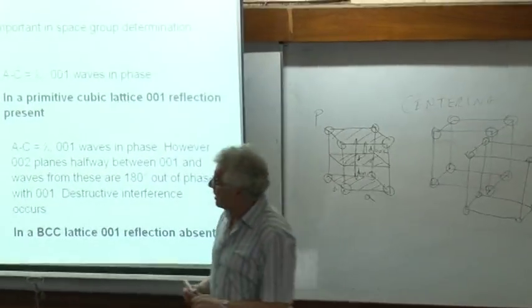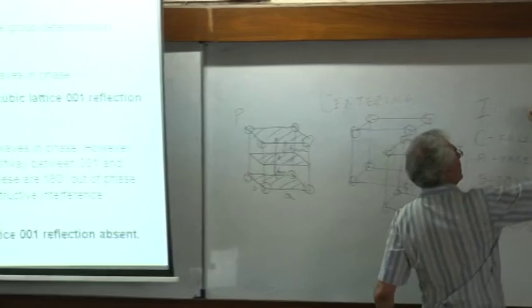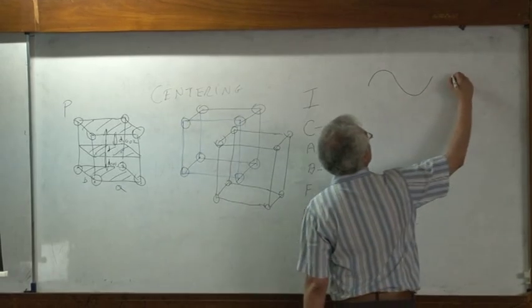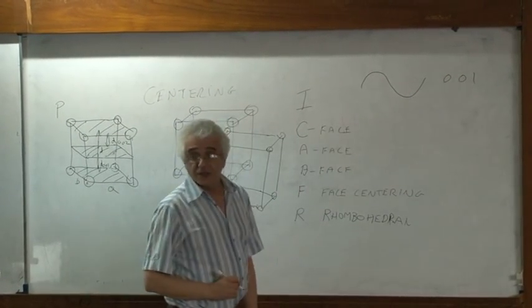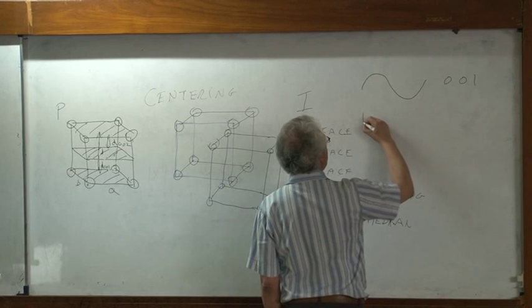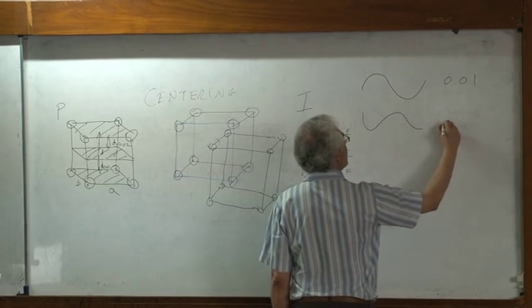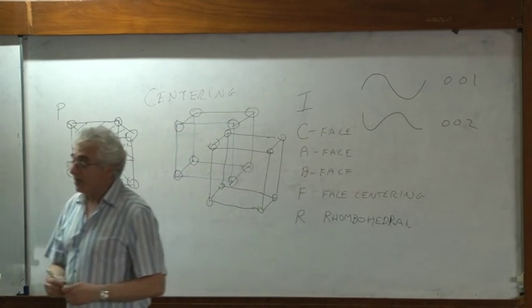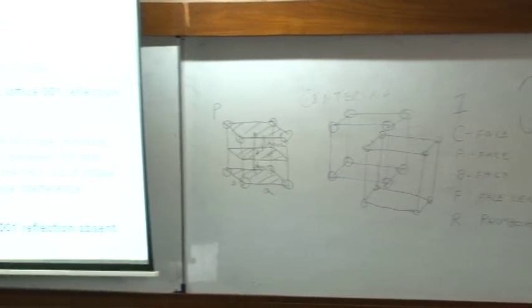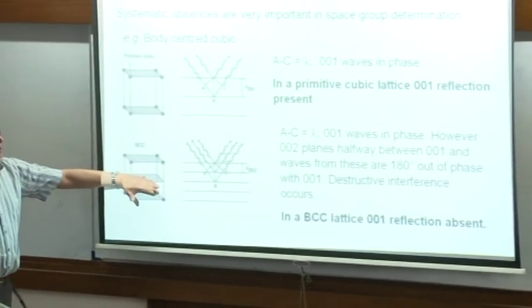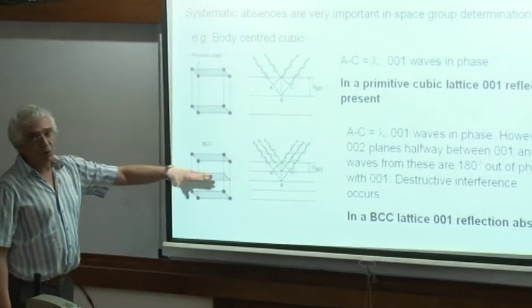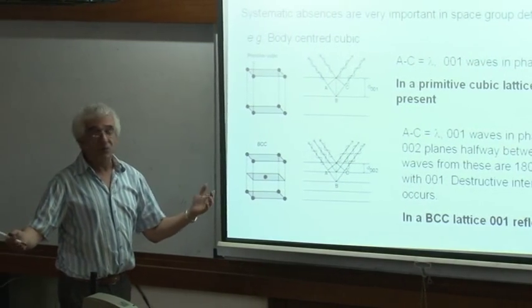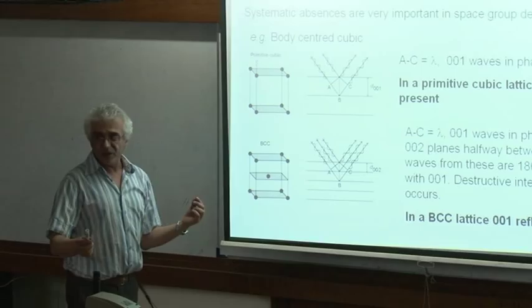What does that mean? That means that if I have two waves like this, and that's the 001 wave, then the 002 wave will be like this. It exactly cancels out. And so in the case of a body-centered cell, we interfere with the waves from the 001, and we destroy them.